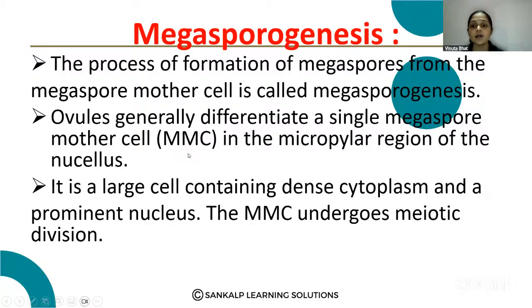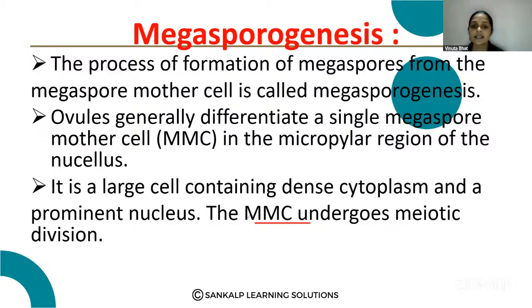Megasporogenesis: how the female gamete is formed. Here also, in megasporogenesis, some cells present in the nucellus, inside the ovule, become the megaspore mother cell before the formation of the embryo sac.